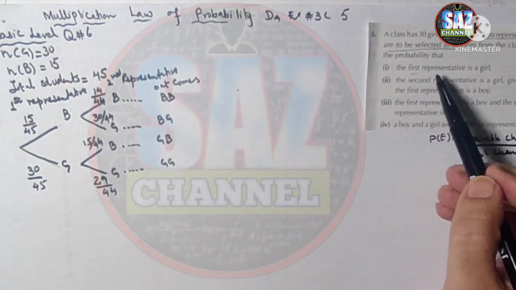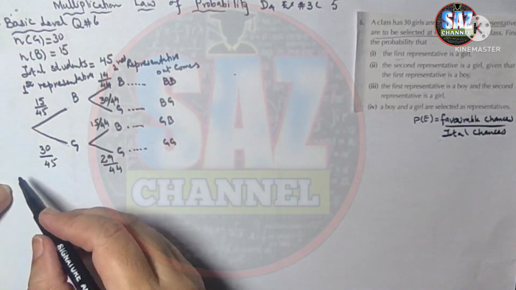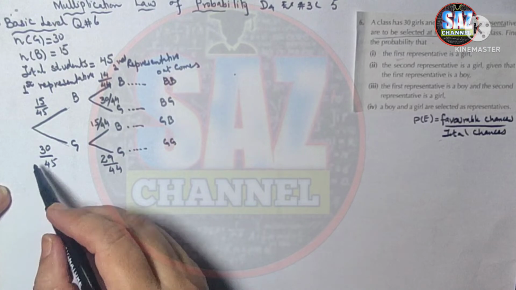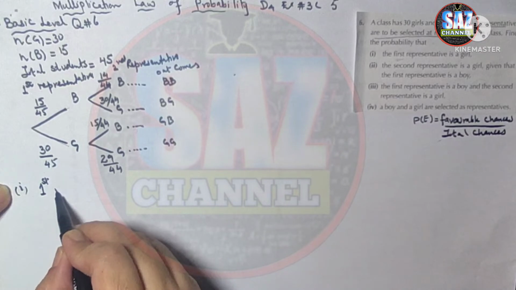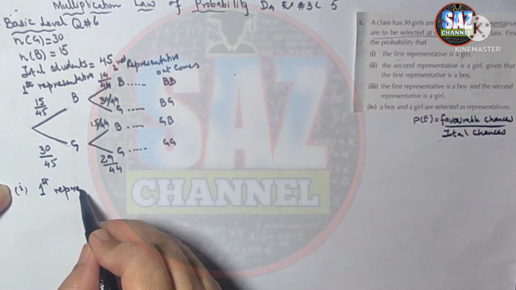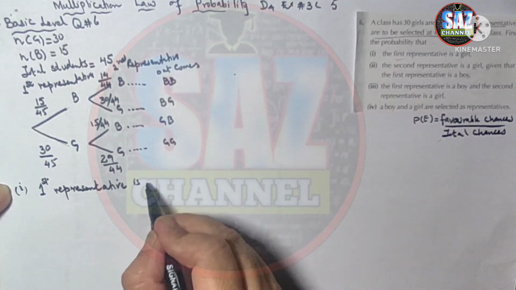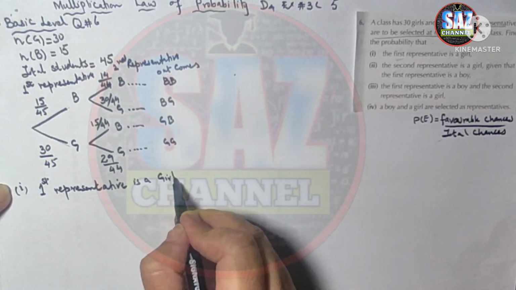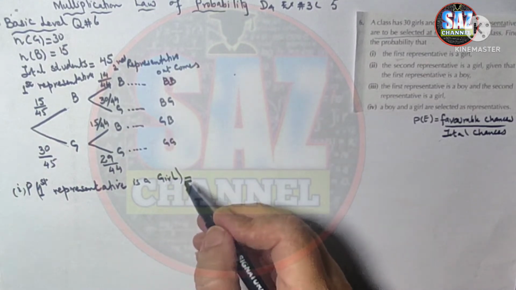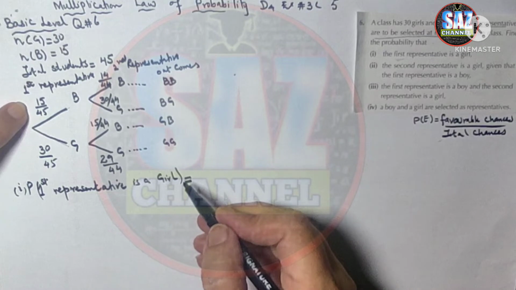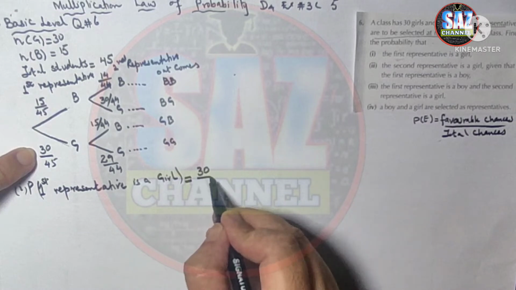The first representative is a girl. Here the restriction is that we have to pick up the girl. So, the probability of the first representative being a girl: favorable chances for the choice of girl, that is 30, by the total chances, 45.